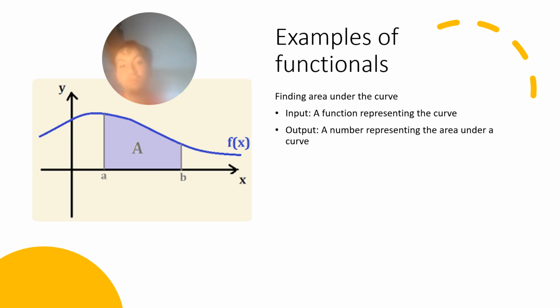Because the area under a curve is always a number, we are dealing with a functional. And this functional just looks like the integral of f of x dx, because we consider the integral to be visually interpreted as the area under a curve.